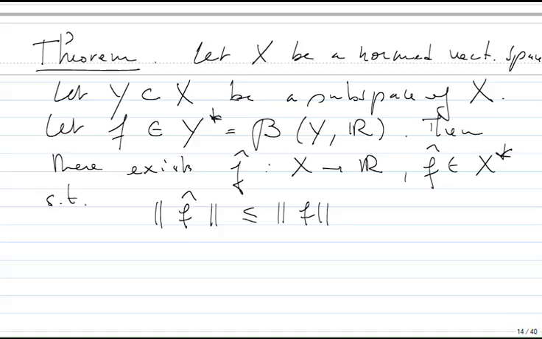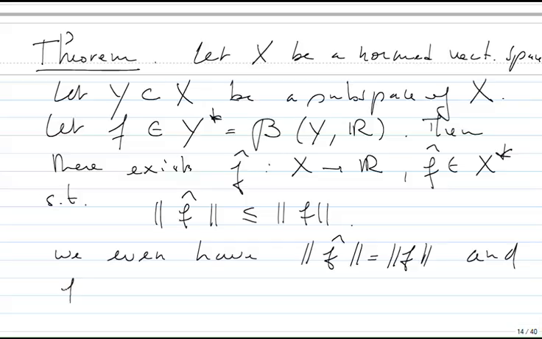Okay? And in fact, we don't have the norm of f hat less or equal, because it's an extension; we even have the same norm. And of course, f hat restricted to Y gives us f.